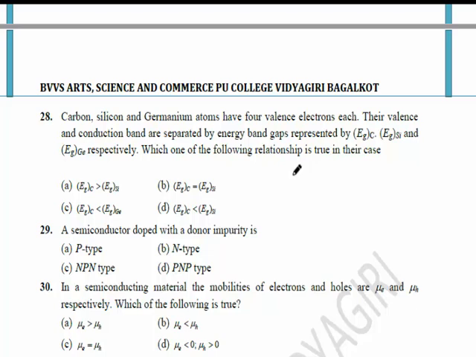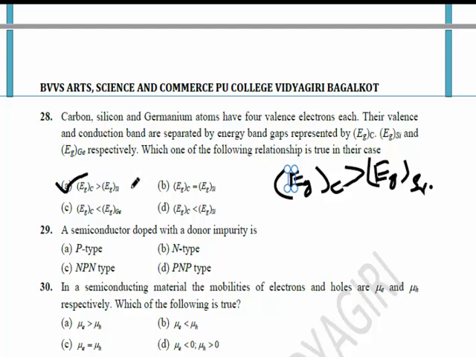The forbidden energy gap of carbon is greater than silicon, and that of silicon is greater than germanium. So EgC is greater than EgSi, which means option A is correct here.